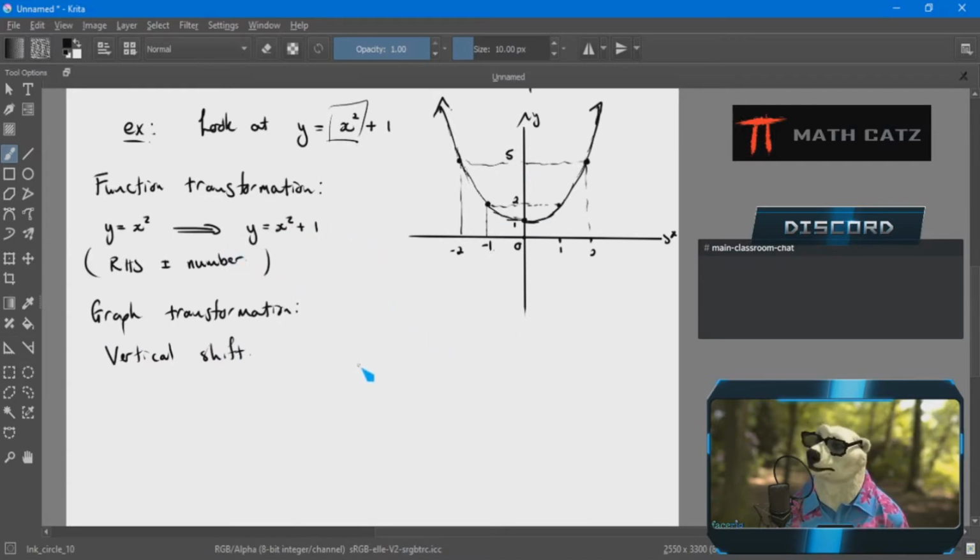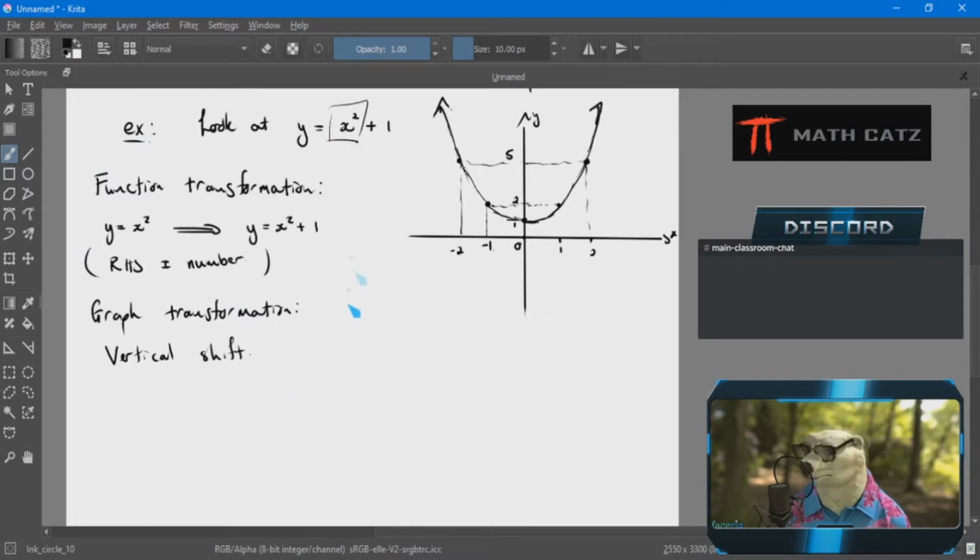Now as we go, we'll see that a function transformation like this might always give me a similar graph transformation. And for different things I do to the function, different but consistently so, different things are going to happen to the graph. But it's very important to understand the function changes, and that has a result in the graph.